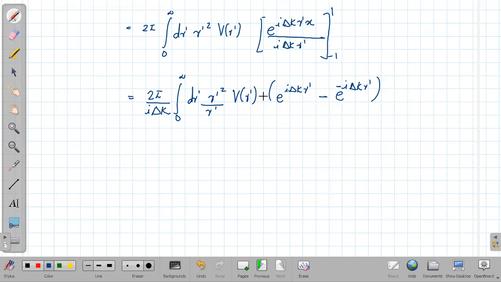Now what would be the result? e raised to I theta minus e raised to minus I theta, that would be 2I sin theta.